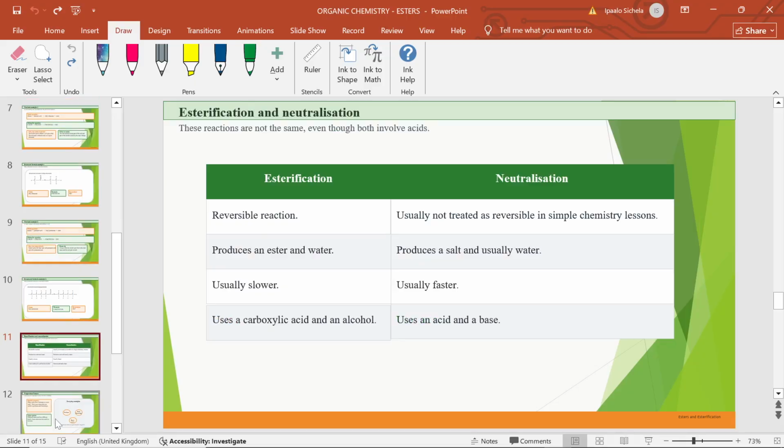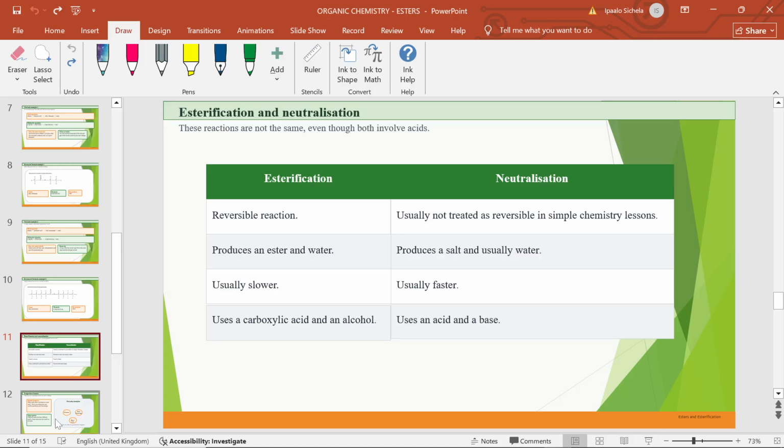Then move on to the differences between esterification and neutralization. Esterification is a reversible reaction. The reverse reaction of esterification is called hydrolysis. So esterification can be reversed, while neutralization cannot be reversed. It's not a reversible reaction.